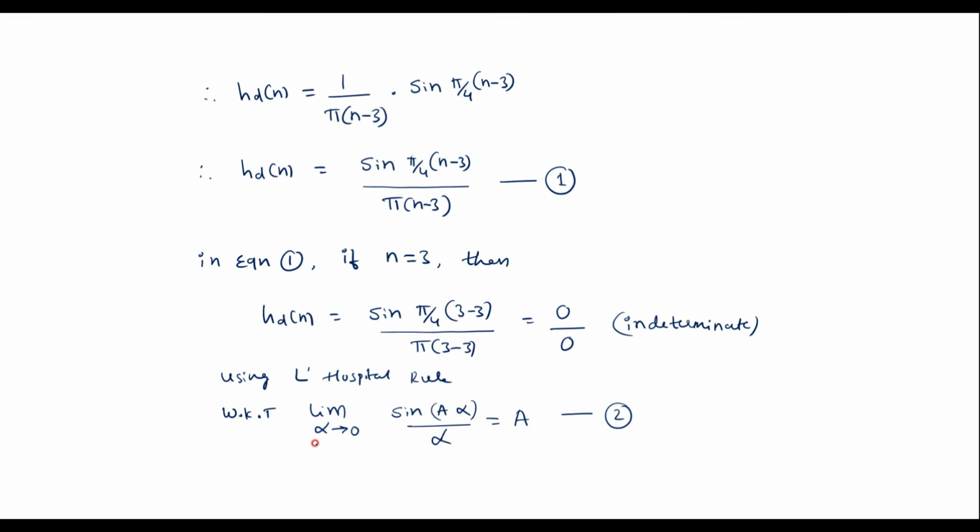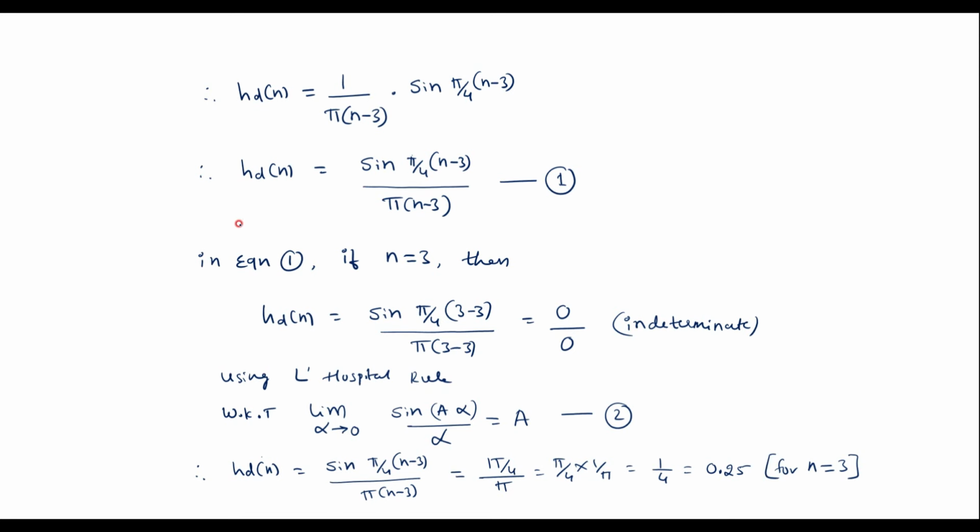Now compare equation 1 and 2. Therefore, equation 1, that is hd of n, which is sin pi by 4 of n minus 3 divided by pi of n minus 3, is equal to pi by 4 divided by pi, that is nothing but pi by 4 into 1 by pi, that is 1 by 4, which is equal to 0.25. So hd of n value is 0.25 for n is equal to 3.